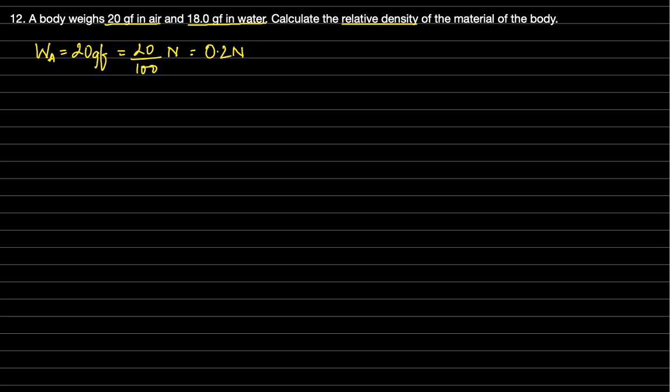Weight in water is given as 18 gram force. So again I divide by 100 in order to convert it to newtons. So we get this as 0.18 newtons. Now we know the formula for relative density as RD is equal to weight of the body in air divided by weight of the body in air minus weight of the body in water.